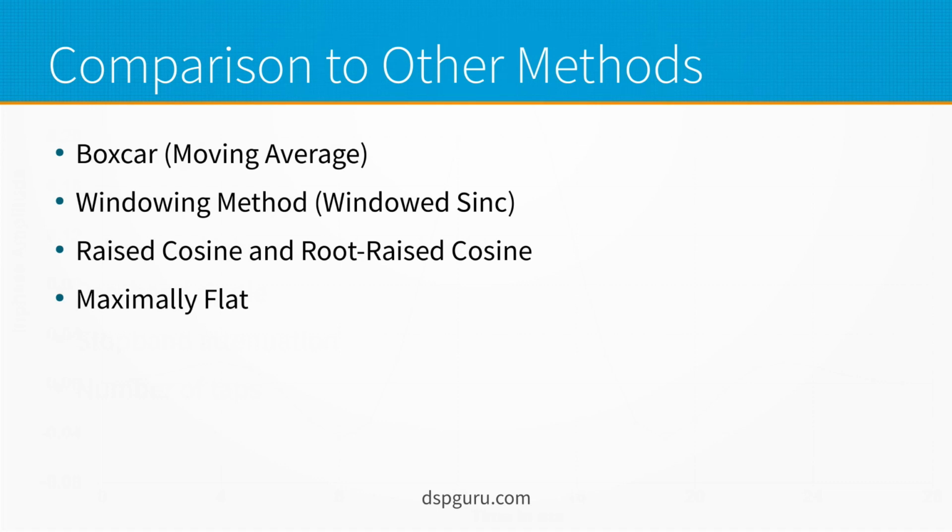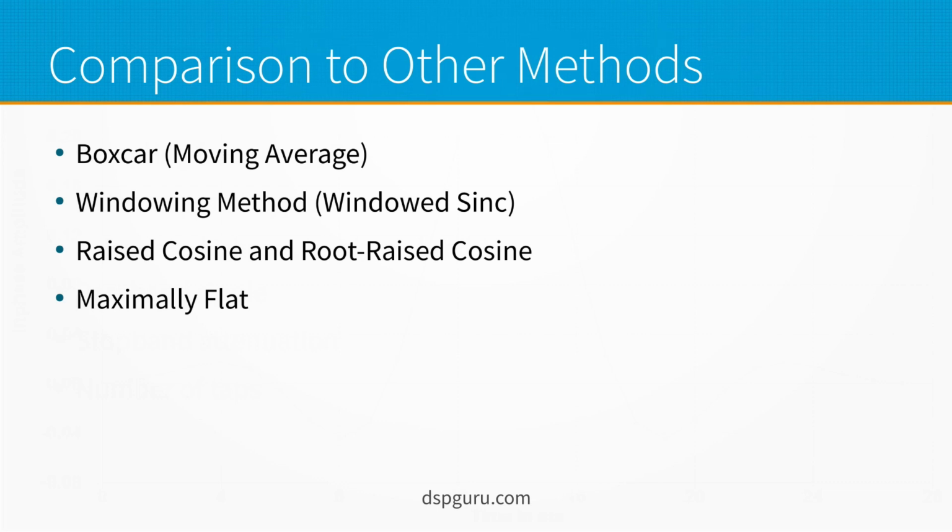The parameters there are the choice of window type, and the number of taps again. Next we've got raised cosine and root raised cosine, which are used in some specialized data modulation and demodulation applications. We won't go into those here, but they do have this common feature of operating from a formula and some parameters. You can design the filter directly.